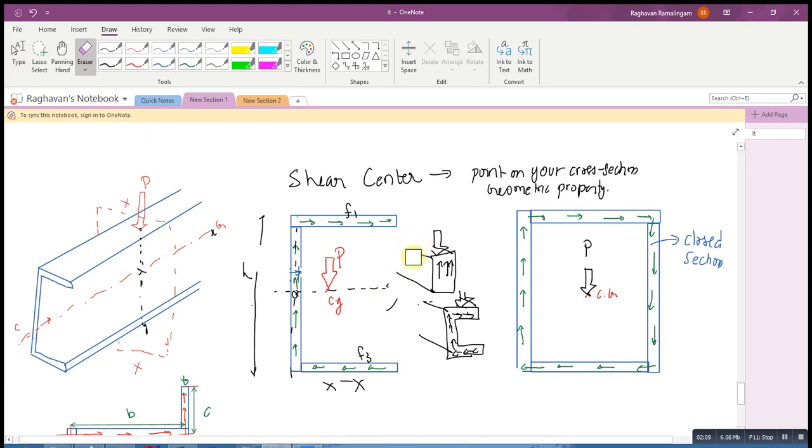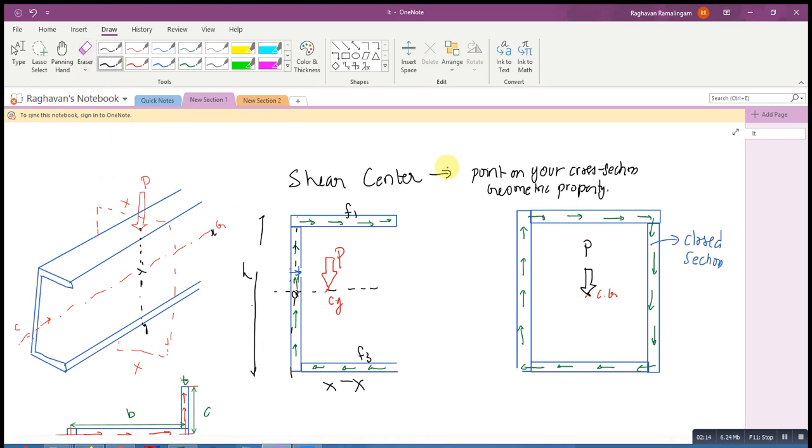What I would like to do next is check the equilibrium for this cross section in its own plane. So the summation of moments in the plane of the cross section, let me take it about the centroid, CG. This is at a certain distance x bar. F1 and F3 are at h by 2.